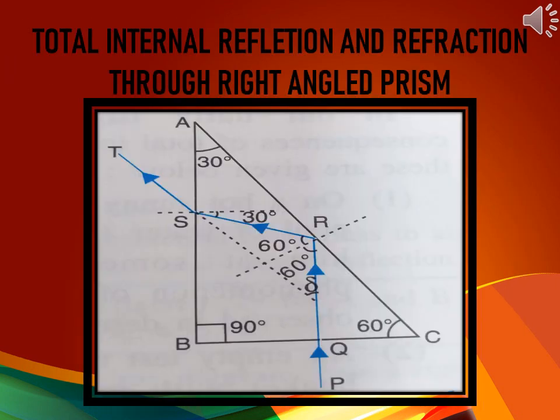The third category is TIR through right-angled prism. Figure shows a prism ABC of an angle 30 degree, 90 degree and 60 degree.